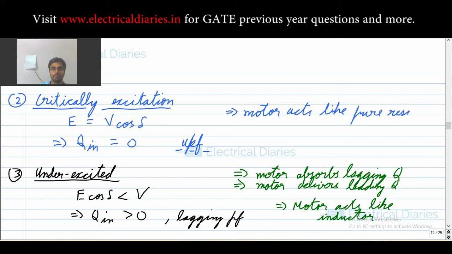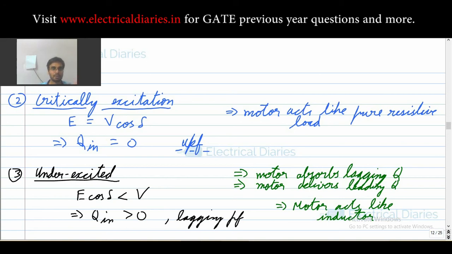I hope you could understand these analogies with the capacitive, resistive, and inductive loads, that at what excitation levels the motor is acting like which load. That is how we can use a synchronous motor to vary the power factor for power factor compensation, because we can make it absorb lagging Q, we can make it deliver lagging Q, and we can also make it work at unity power factor.